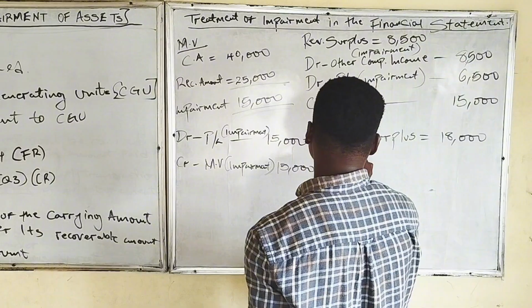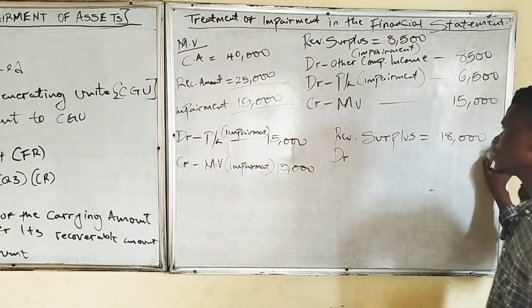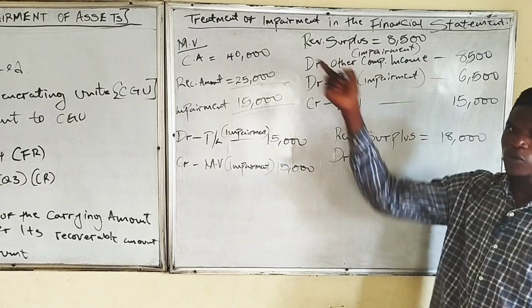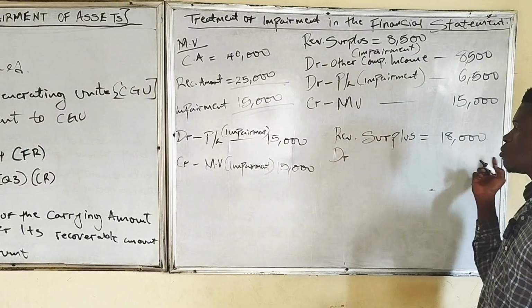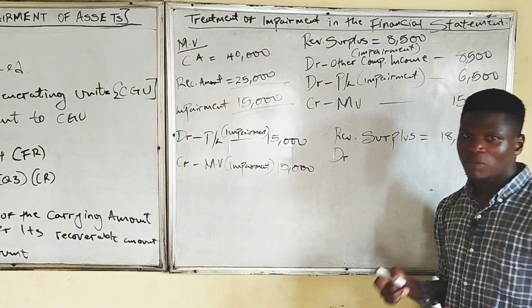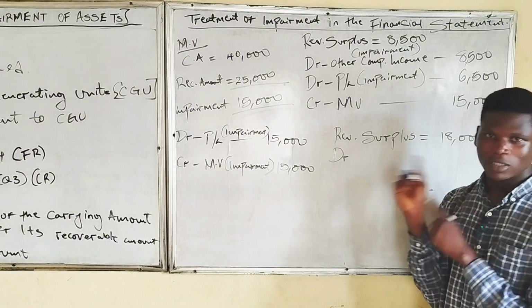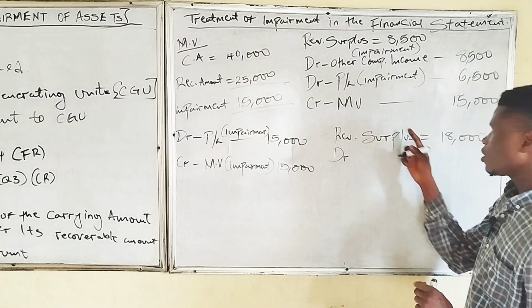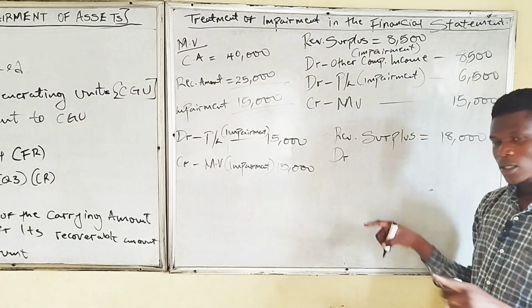We will still debit, since last year we were able to revalue this asset. Remember that it has to be on motor vehicle itself. If the previous revaluation surplus is not on motor vehicle, then we cannot charge any current impairment loss against the revaluation surplus of another asset. So as long as it is the same asset, then we can net them off.